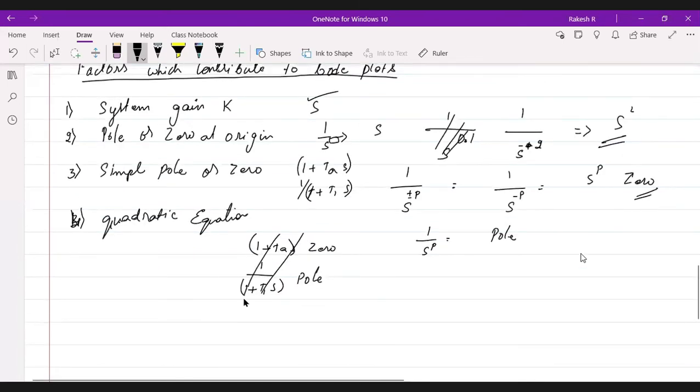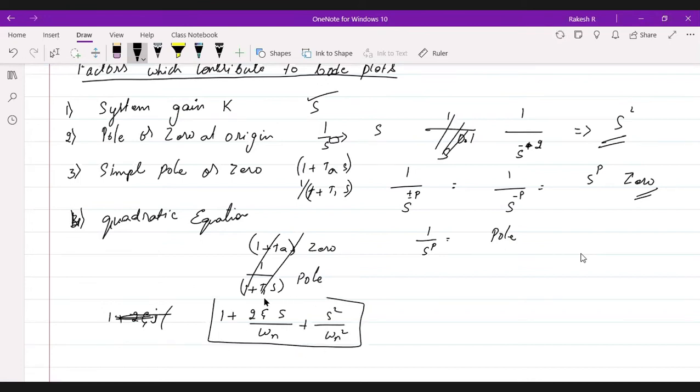Now, the last one is the quadratic equation. When the quadratic equation is there, you need to convert that in terms of 1 plus 2 zeta s divided by omega n plus s square divided by omega n square. When the question is given, you need to convert the quadratic equation in terms of this.